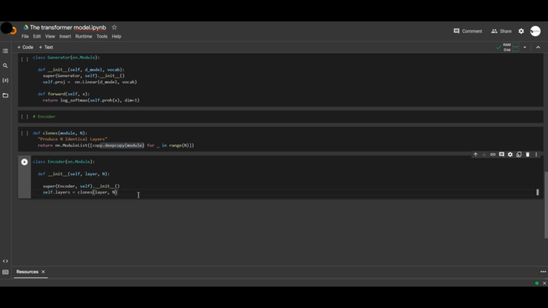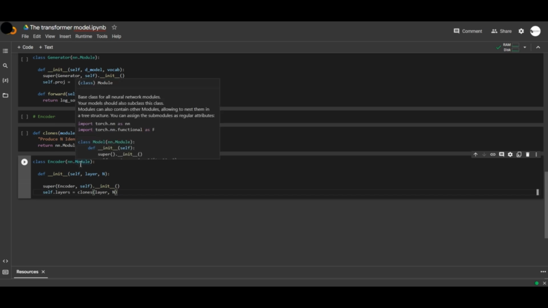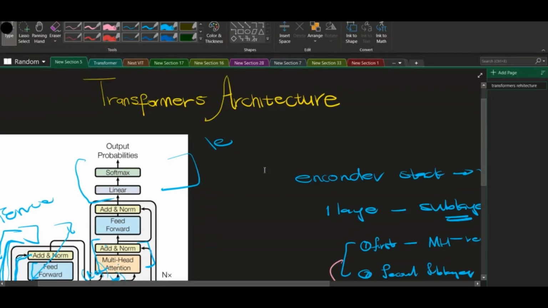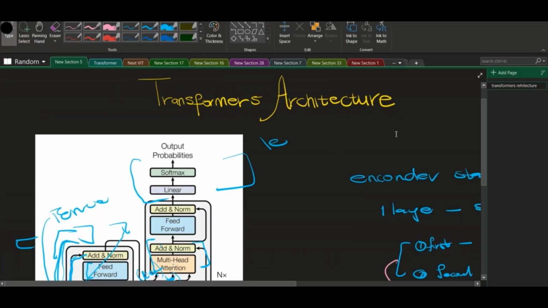So what do we do now? Before I continue, I'm going to repeat this once again. The encoder is a stack of N identical layers. Let's go to this portion of the diagram.